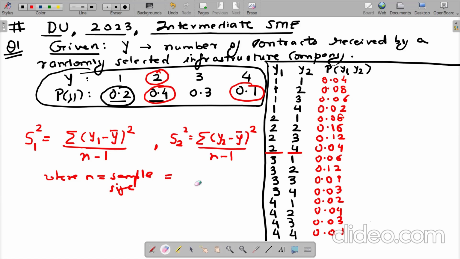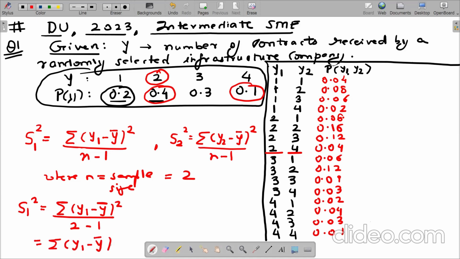Because we are taking a sample of how many companies? 2 companies. So S1 square will just be summation y1 minus y bar square over 2 minus 1, which is summation y1 minus y bar square. This is my S1 square. And S2 square will be summation y2 minus y bar square over n minus 1, which means 2 minus 1.